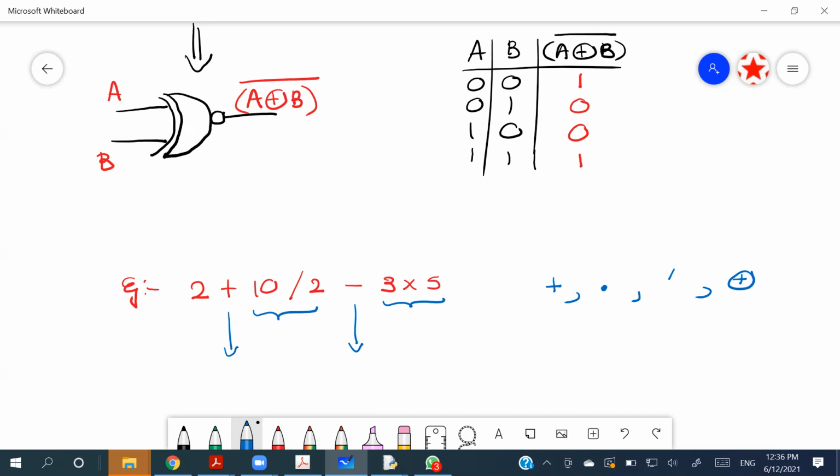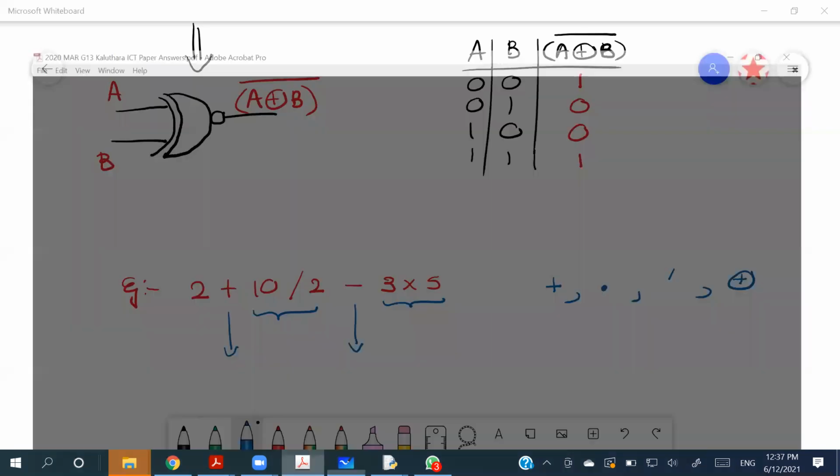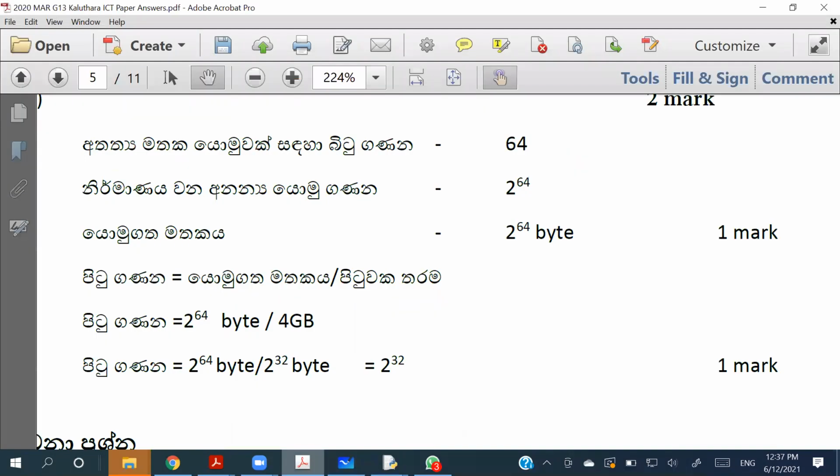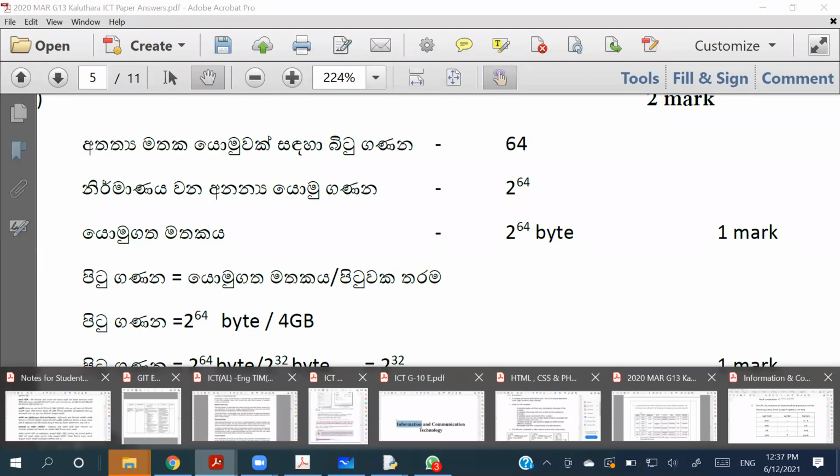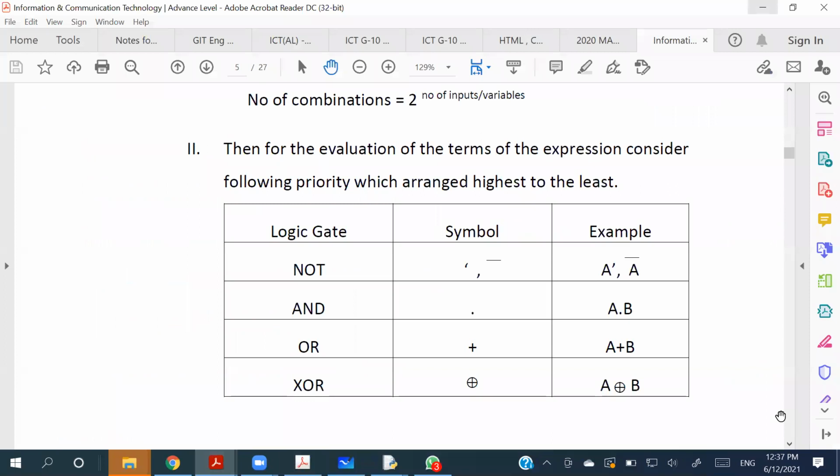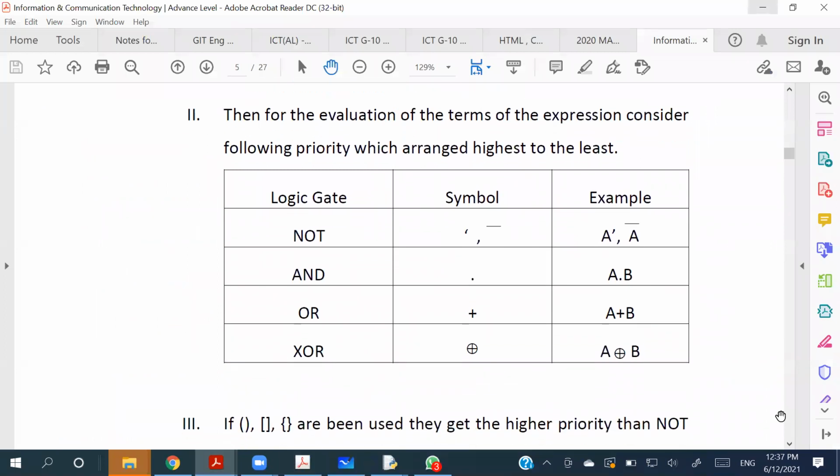So as you have priorities for the mathematical operators, similarly, you will have priorities for the Boolean algebraic operators as well, right? That is what this particular table shows to you, right?